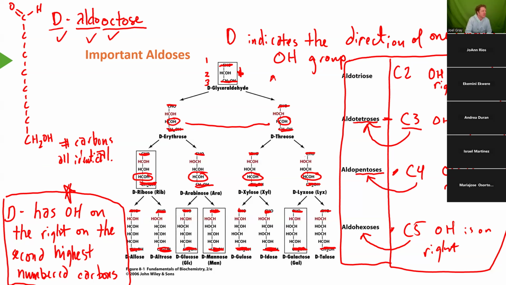And then this letter D tells us carbon number 7 is a hydroxide group or an OH on the right-hand side of our molecule. Do we know anything about the positioning of the OH groups on any of these carbons from that name and that name alone?